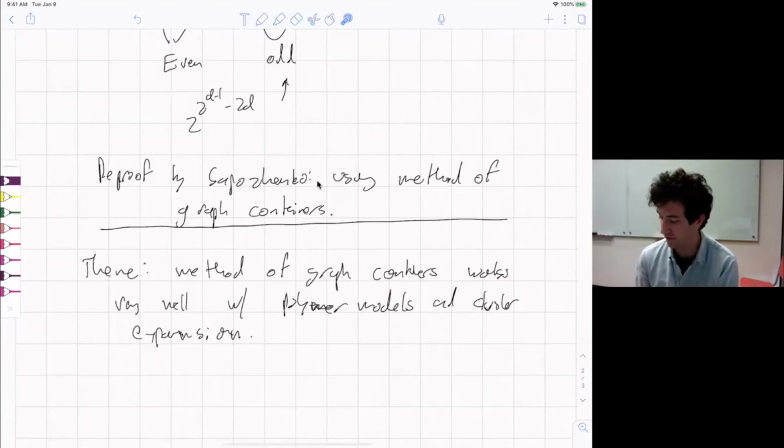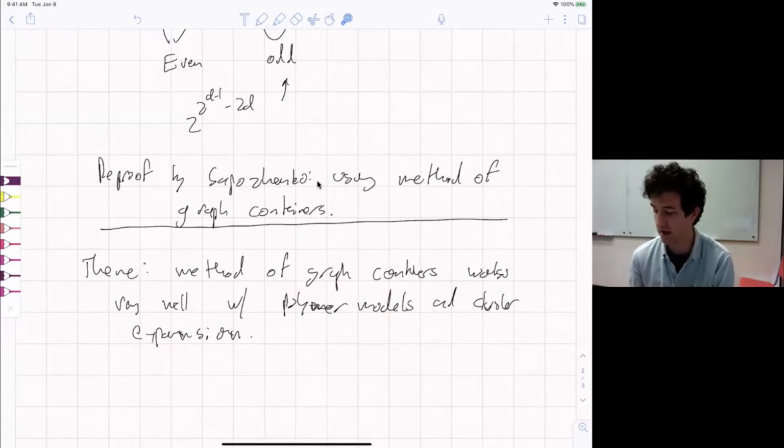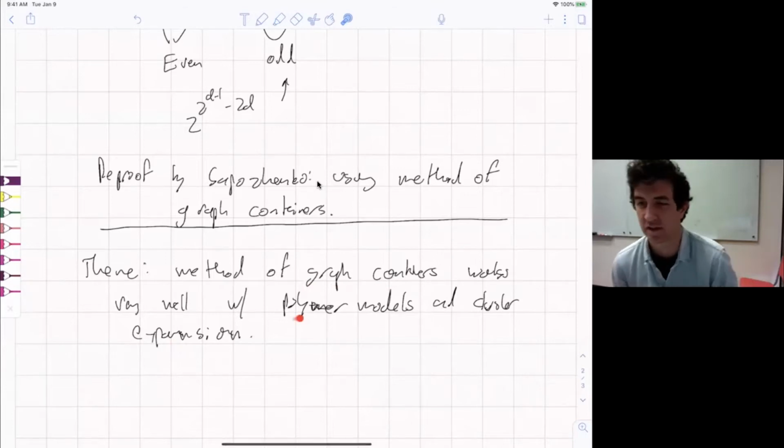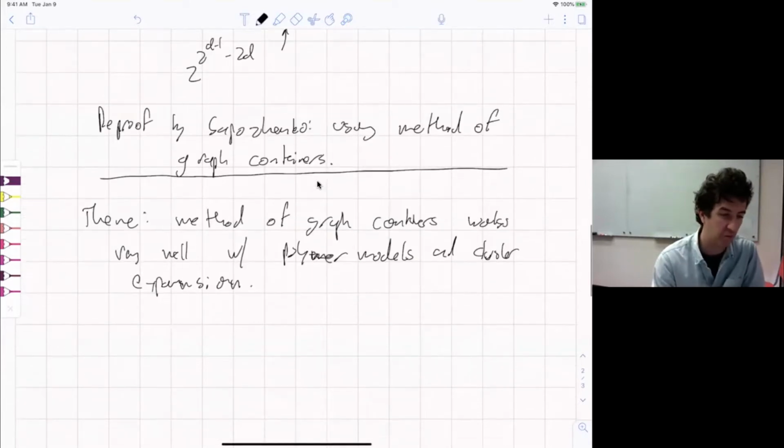What I want to emphasize is that using polymer models and the cluster expansion gives you a nice way to exploit all the structural information you've gained by implementing graph containers and get nice answers out. But this part is actually relatively easy once you have the graph container method, and that's what I want to show you. Okay, so where do we go from that asymptotic formula?